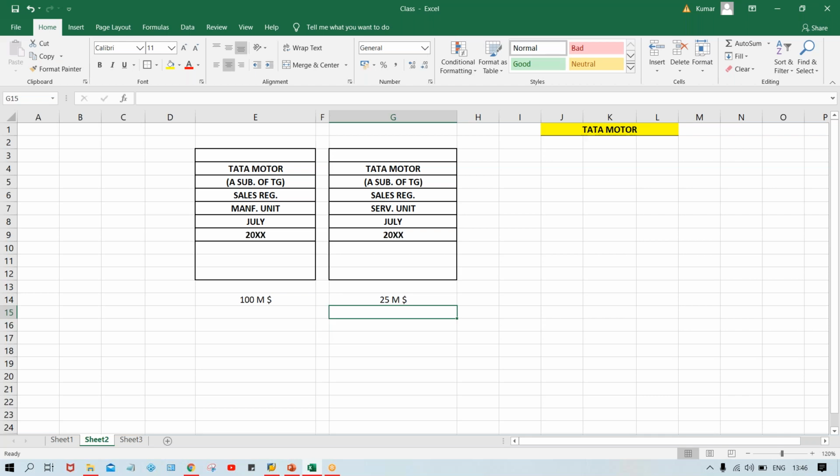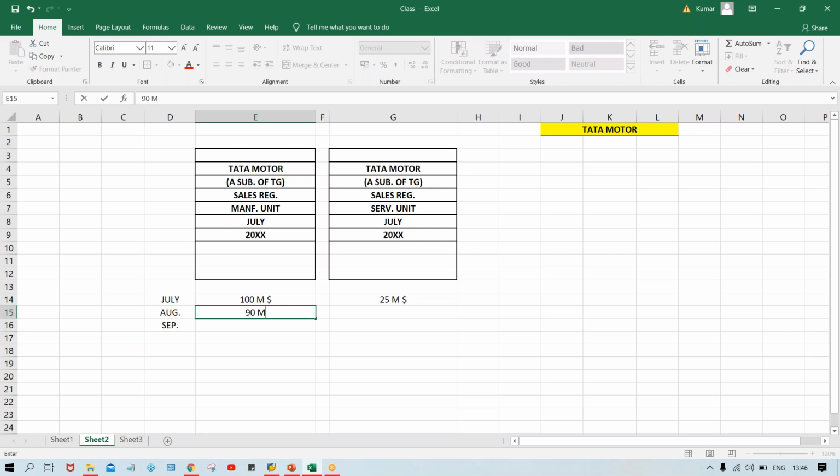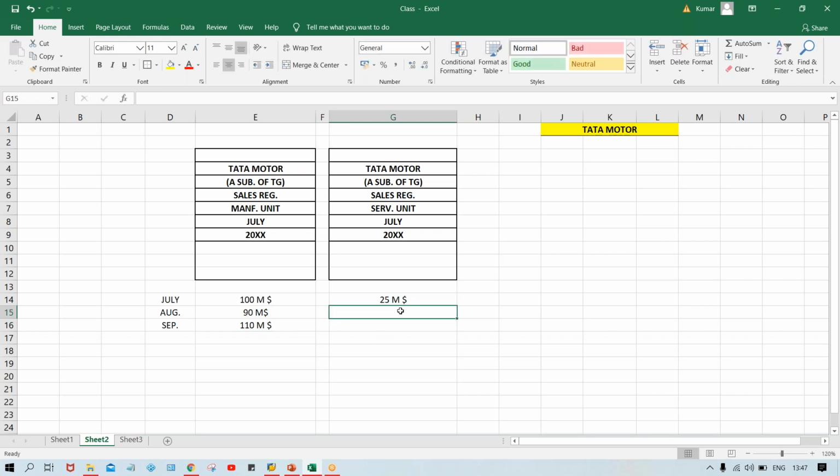So if there is a requirement from management for this particular period, let's suppose for July, August and September, here there is a revenue, right?